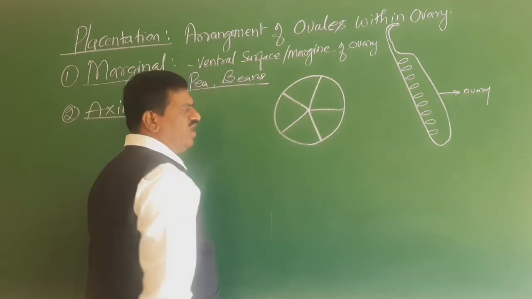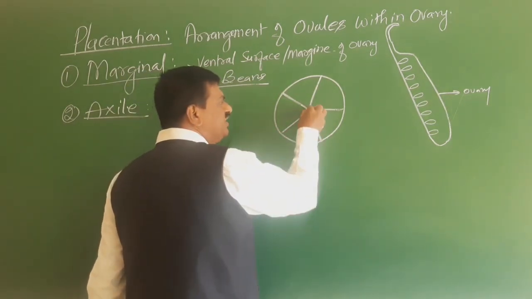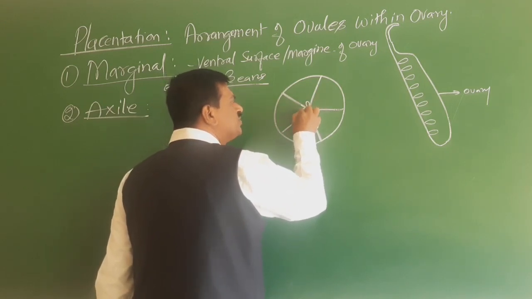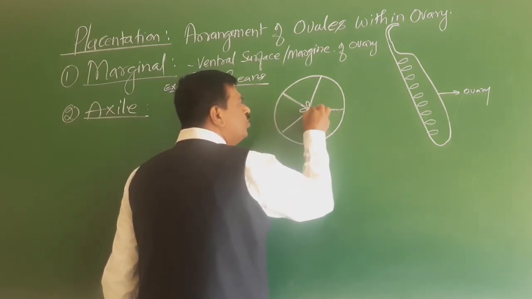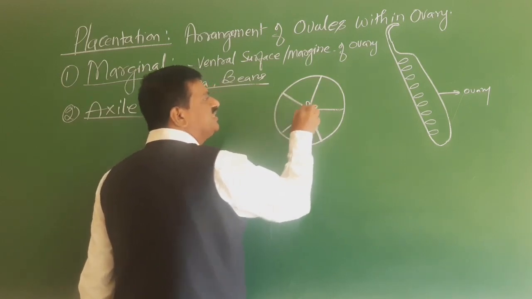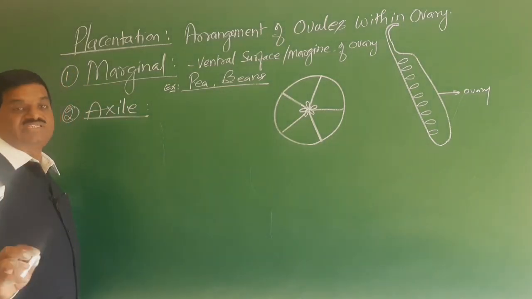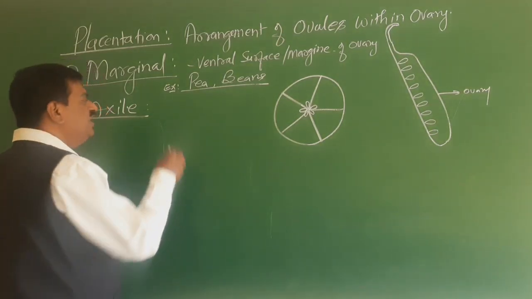Like this, 5 carpels at the central axis. At the central axis, the ovules have been present. Here ovules may be 1 or 2 ovules. So ovules are present at the center, hence it is called axial placentation.